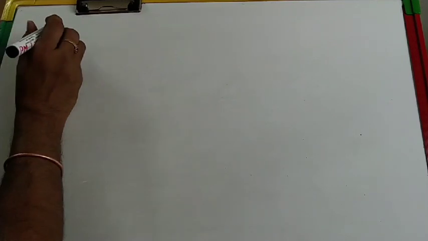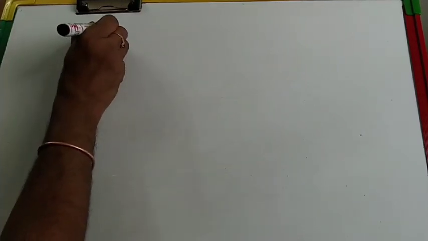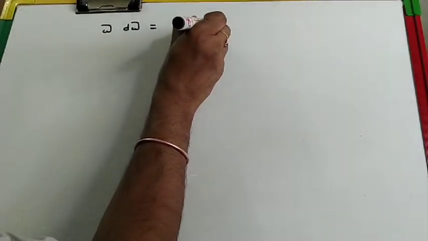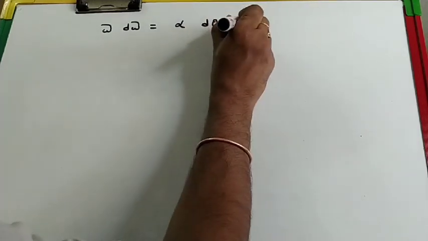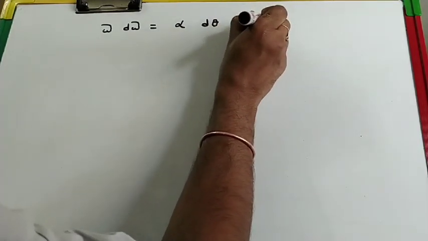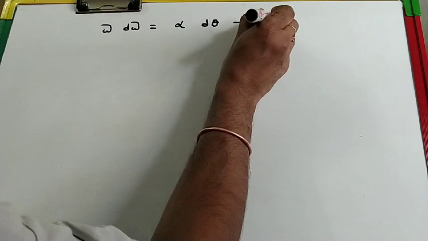Now what will we get? We will get omega into d omega is equal to alpha into d theta. Consider this is equation number 5.